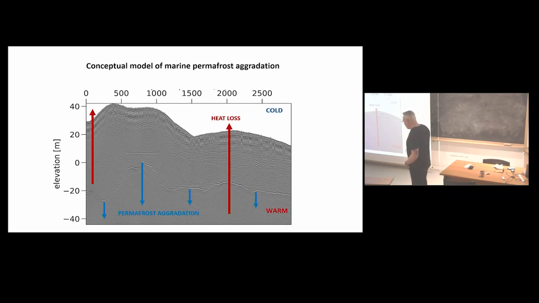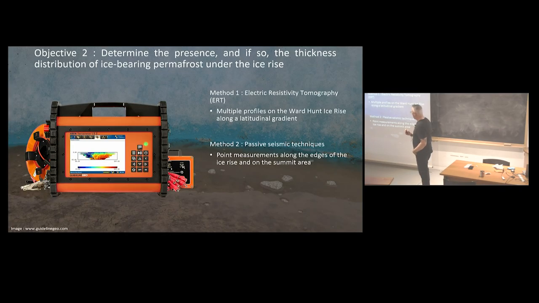We have in our mind, okay, the ice shelf and the ice rise are frozen to the bottom. Then we have heat loss to the atmosphere, and it promotes permafrost aggradation there. We want to know if this permafrost contains ice, ice-bearing permafrost, not just something that is below zero, cryotic.